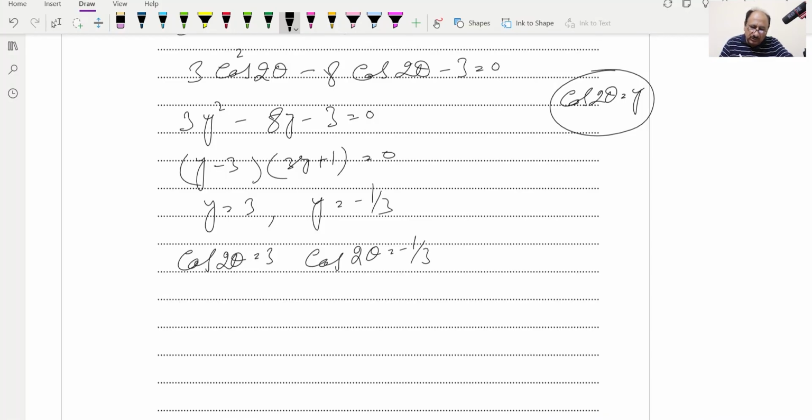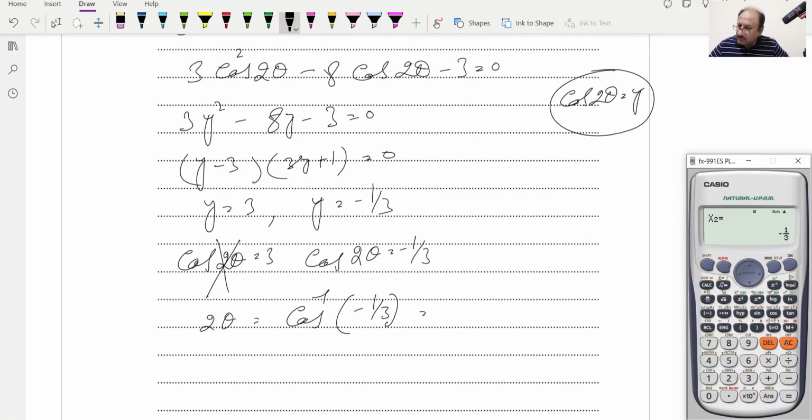Now cos of 2 theta cannot be equal to 3, so we'll reject this value, and we can check for this one. 2 theta will be equal to cos inverse of minus 1 by 3. We can check, shift cos of minus 1 over 3, and this will give us basically 109.47.